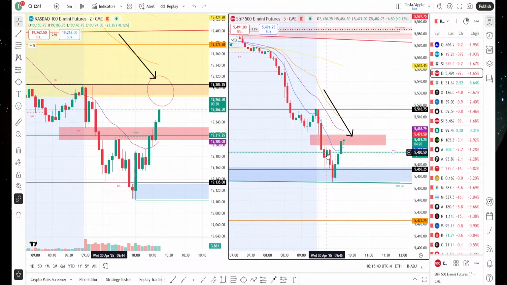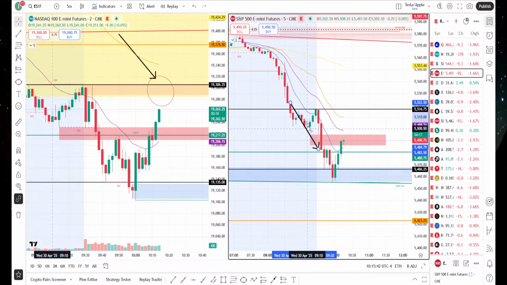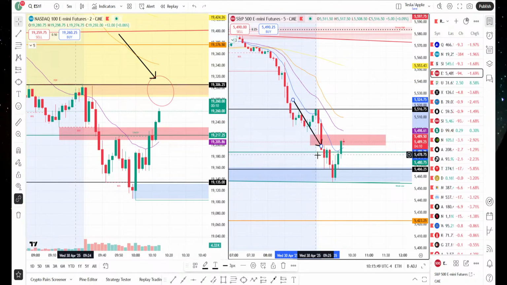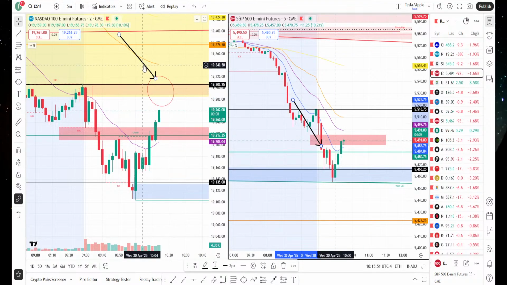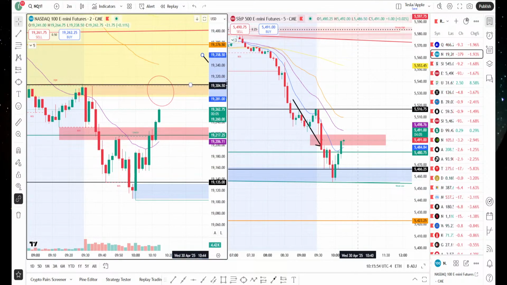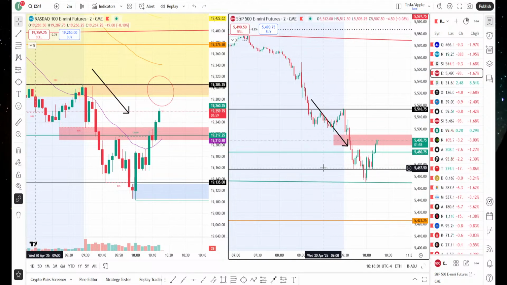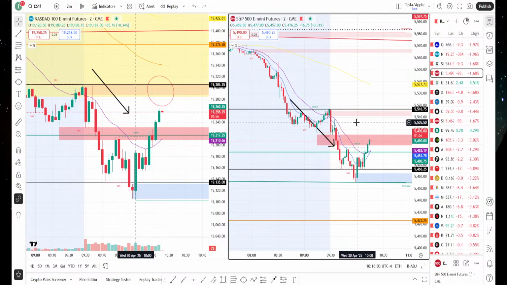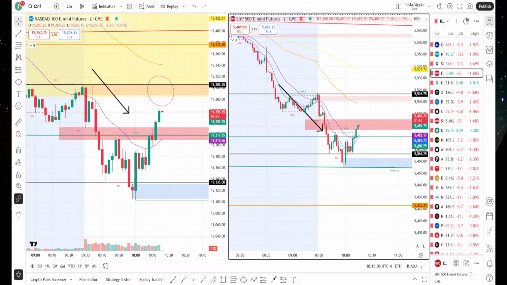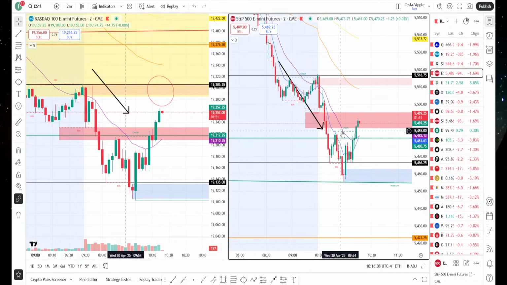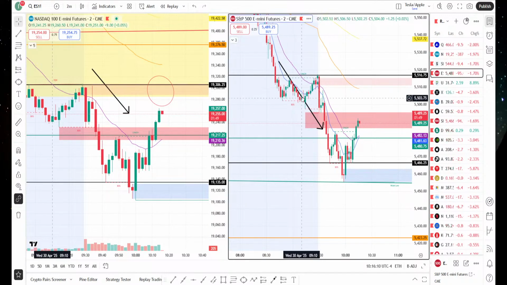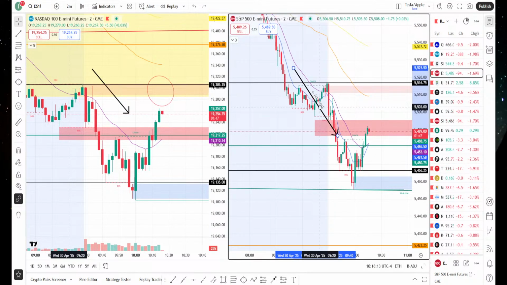ES all here looking strong. ES didn't even try to pull back, right? Look at the pullback of the ES and look at the pullback of the NQ down here at 940. Right down here. Look at this pullback. Let's put it on the same time frame. I think that's why it looks so different. But here it is. Look at this pullback on the ES.